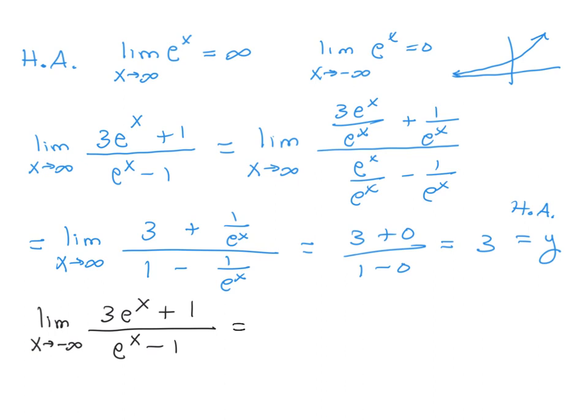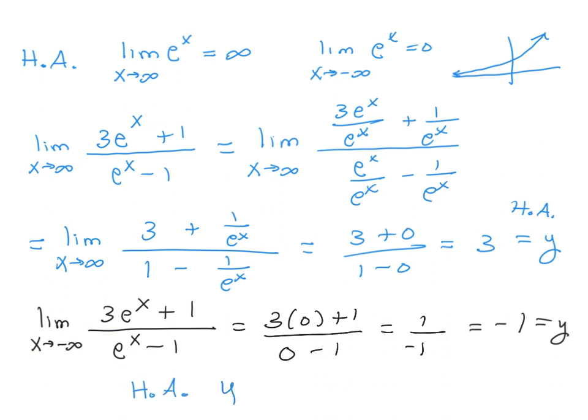So this is equal to 3 times 0, since e to the x is going to 0, plus 1, divided by e to the x again going to 0, so 0 minus 1. This is 1 over -1, or simply -1. So there are two horizontal asymptotes. We have y is equal to 3, and also y is equal to -1.